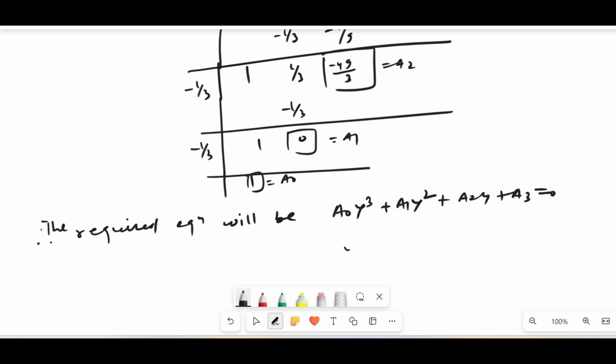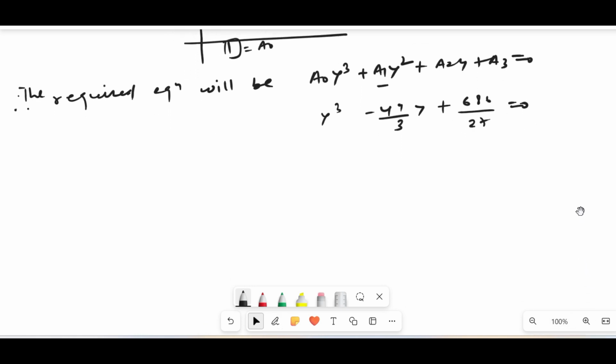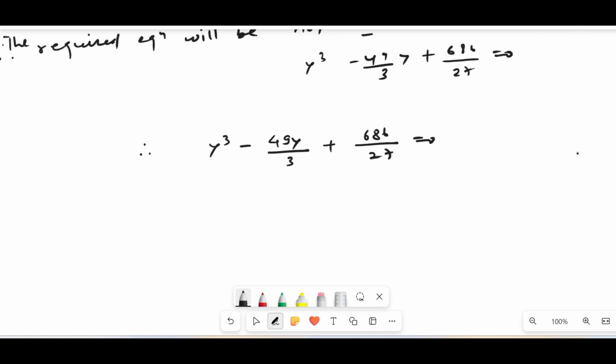So it will give y cube, this term becomes 0, and the value of A2, that is negative 49 over 3 y, plus 686 over 27 is equal to 0. So we can easily see our required equation will be y cube negative 49 y over 3 plus 686 over 27 is equal to 0. That is equation number 3.